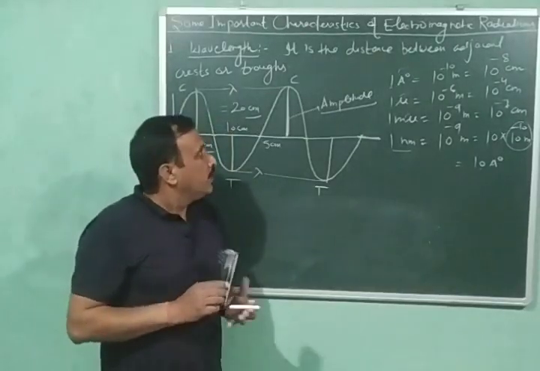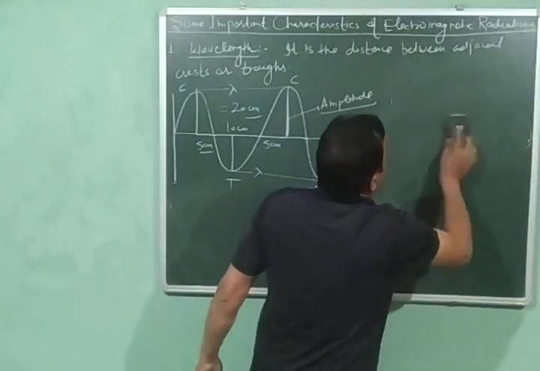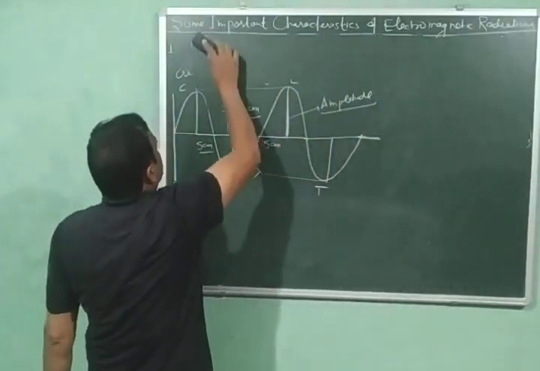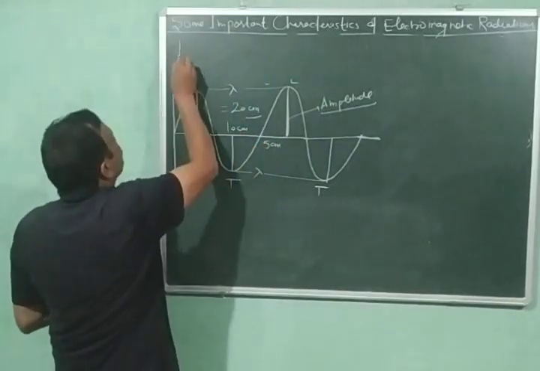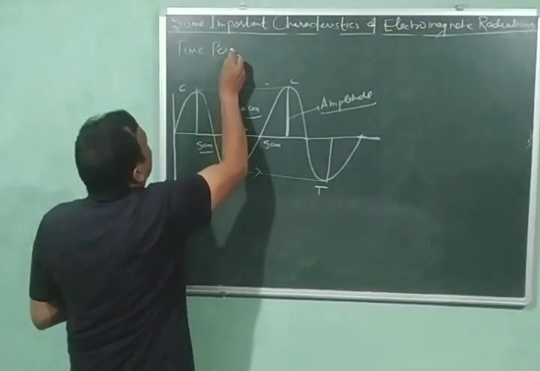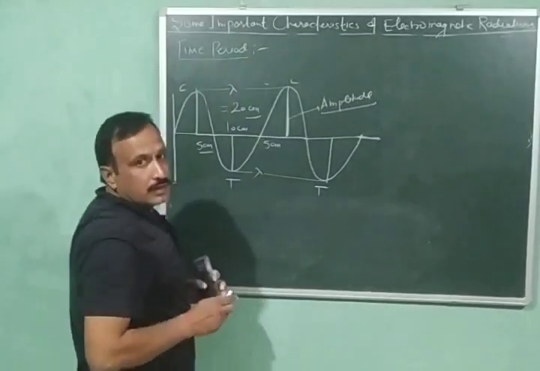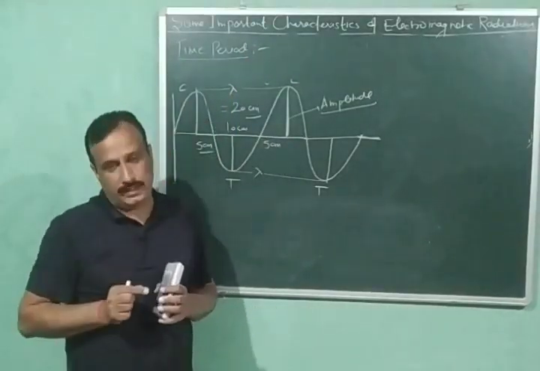Understood? So now the next characteristic which I am going to discuss is time period. So what is time period? Time period is the time taken by the radiation to complete one wave cycle.